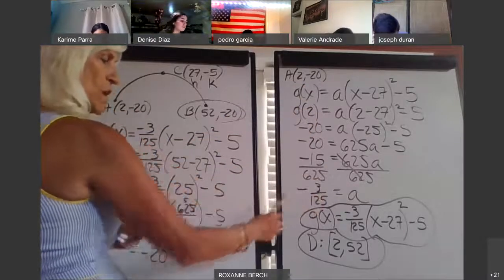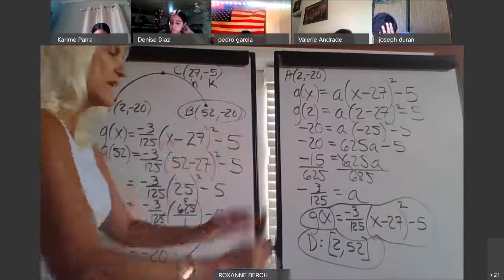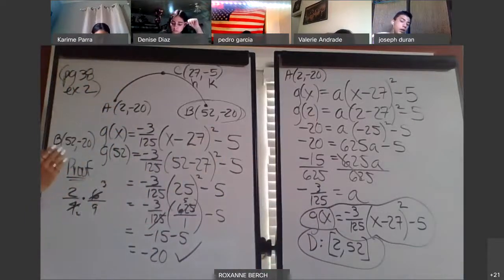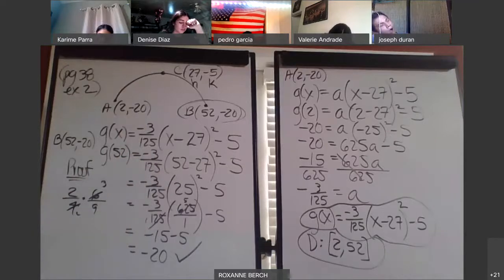Once you solve for the unknown, you write the function. And then if you want to check yourself, you could use the other point in the function to show that you can come up with a point 52 down 20. Any questions?